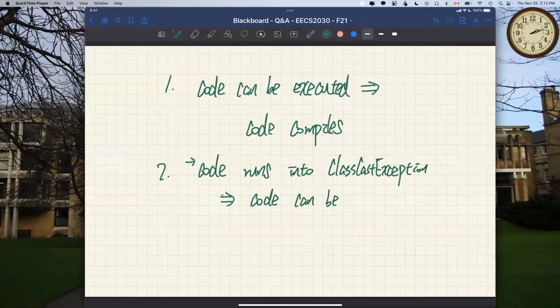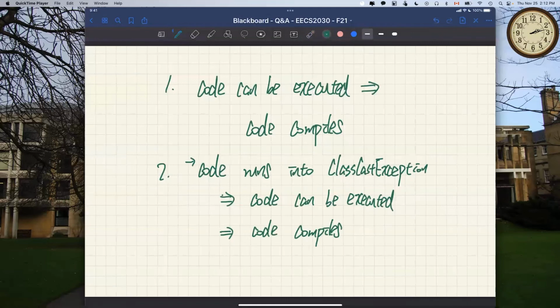Otherwise, you wouldn't run into any exception. The very definition for any exception to occur is that your code can be executed at runtime, and that simply means the code actually compiles. So that's the definition about execution.